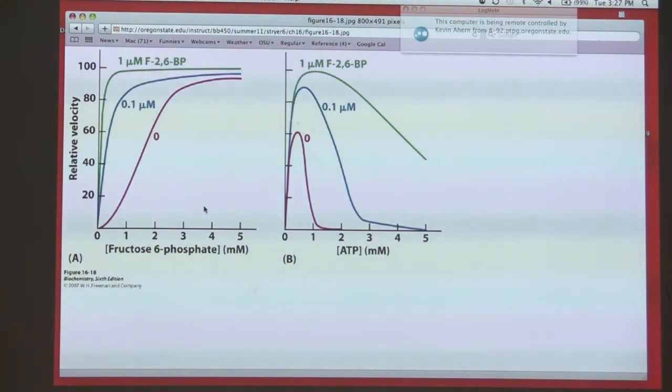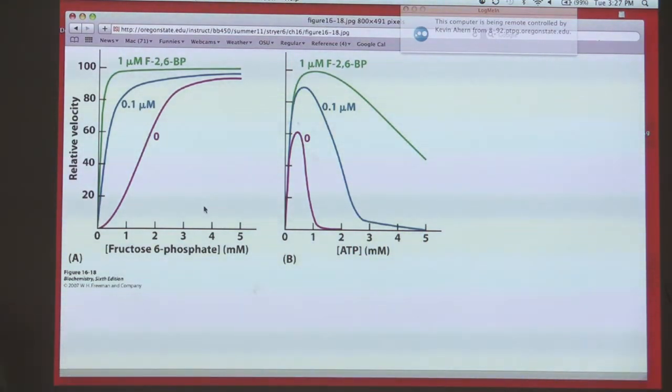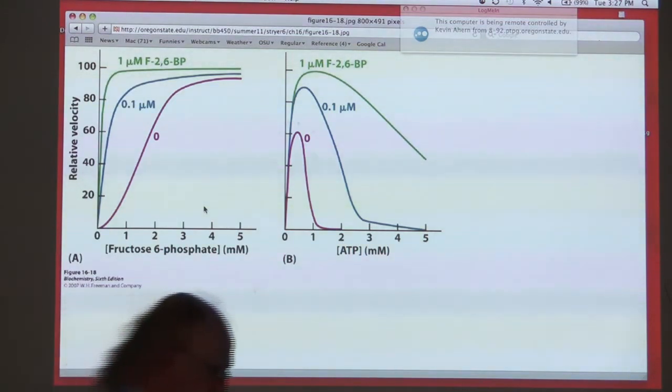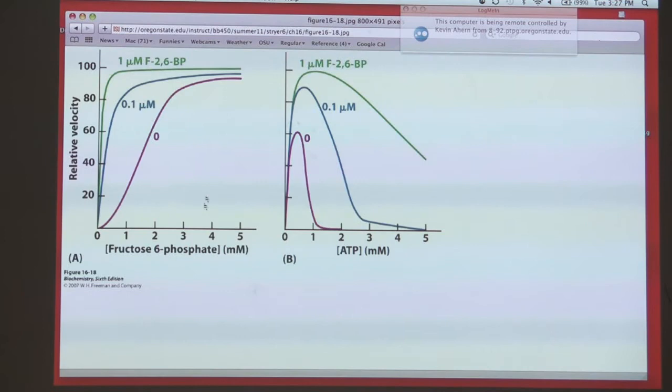It strongly activates it. In fact, F26BP is present in such tiny quantities in the cell that it wasn't until about the 1980s that the molecule was discovered. Very tiny quantities of this are strongly activating PFK. Okay? Now that's represented in the things that you see on the screen here. You see relative velocity plotted against either one substrate concentration or the other substrate concentration.